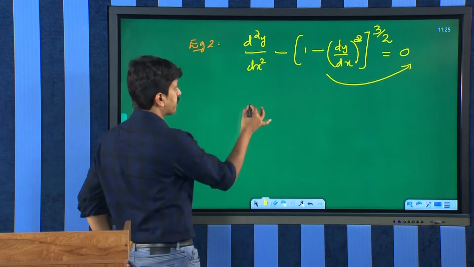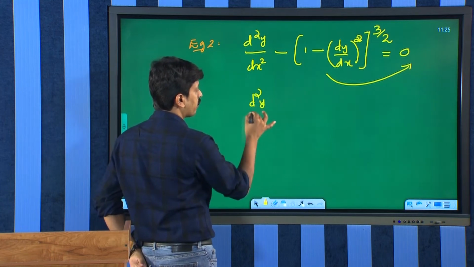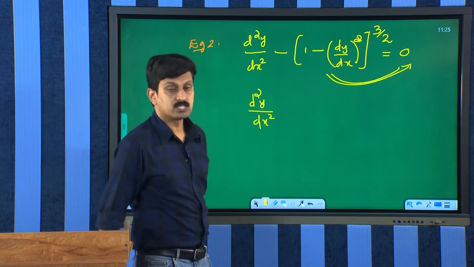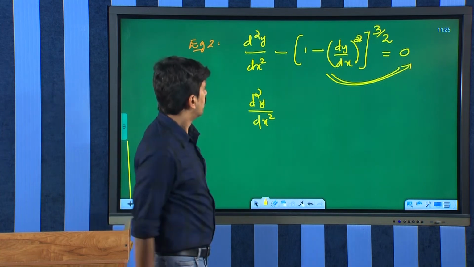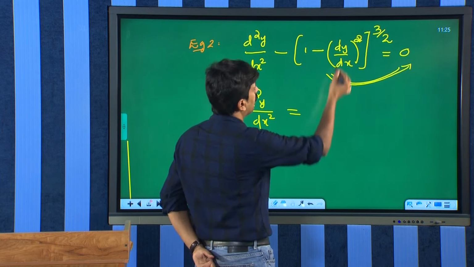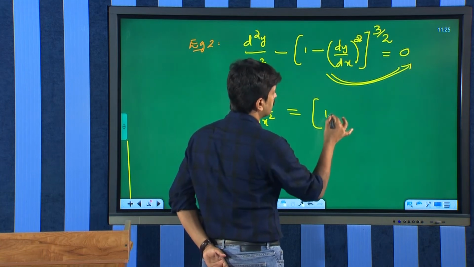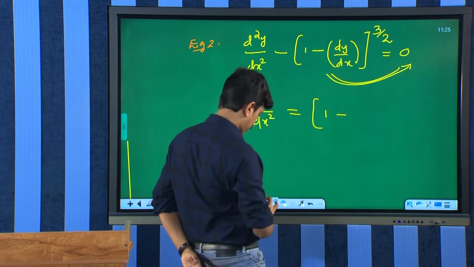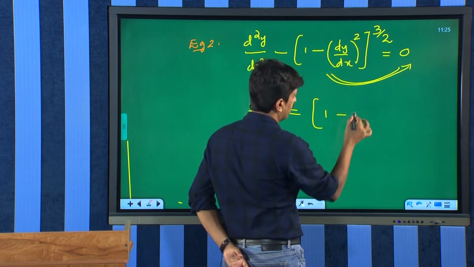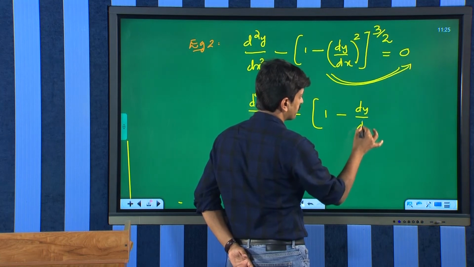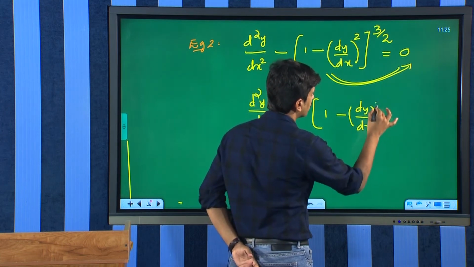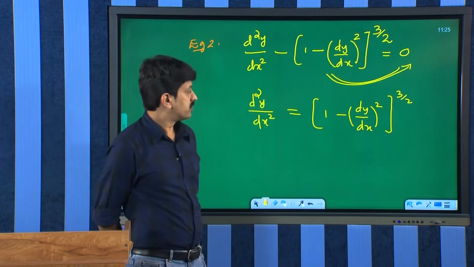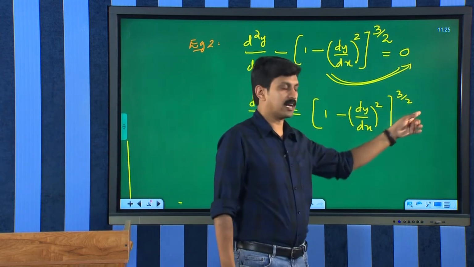So, we will have the differential equation as d square y by dx square equal to (1 minus dy by dx whole square) whole raised to 3 by 2. Okay. So, we have to remove this rational power.